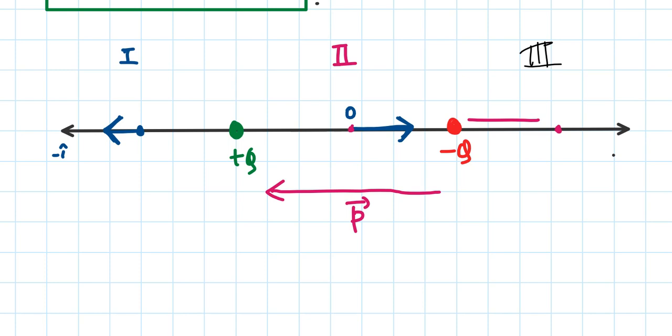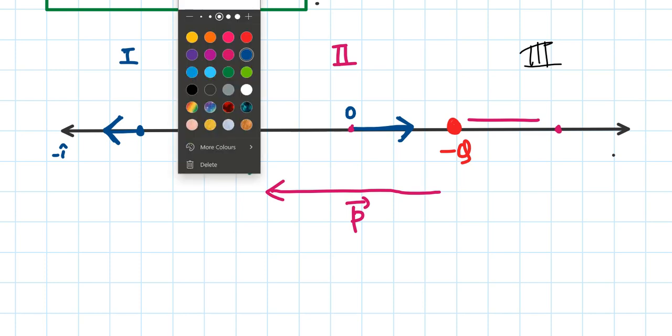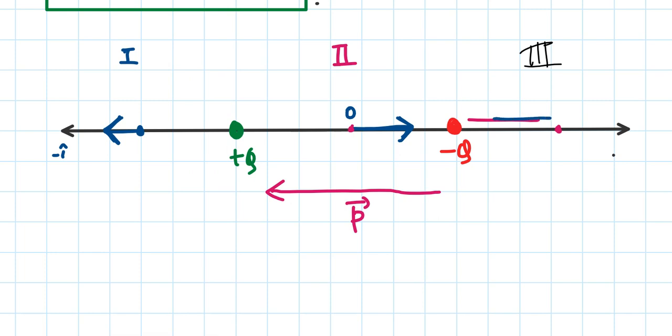So the effect of electric field due to minus q will be sufficiently larger, let me label it red. So the electric field at a point in region 3 is larger and is due to minus q, so it will be a vector pointing towards minus q, and that due to the plus q will be much less because it is farther away, right?